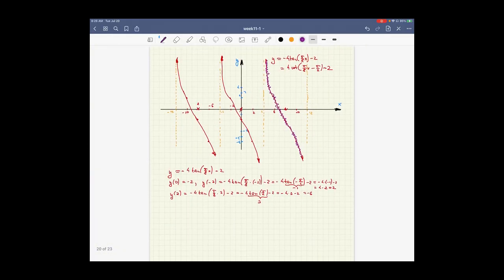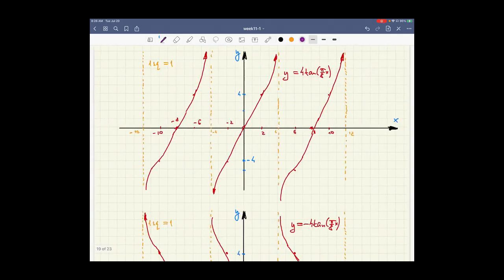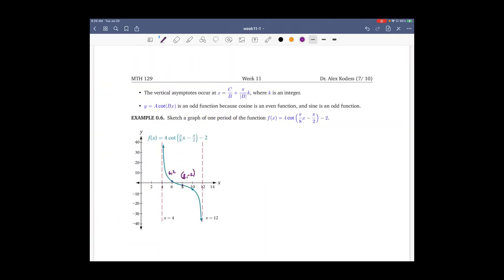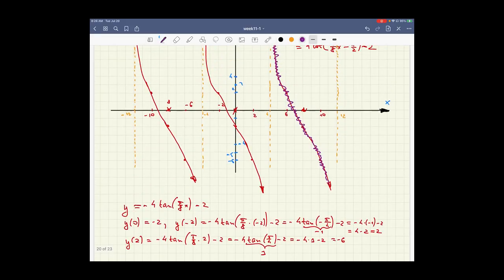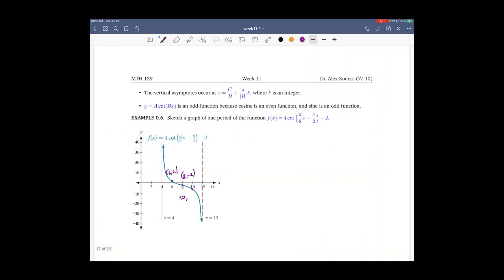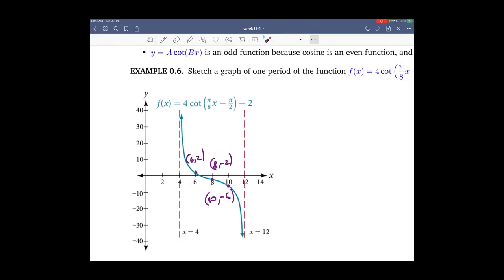No, 6, 2. And this point here is 10, what was it for us? 10, -6. The scale along the y-axis, as you see, is very small, so it's difficult to understand that this is 2 and this is -6. And this is -2.